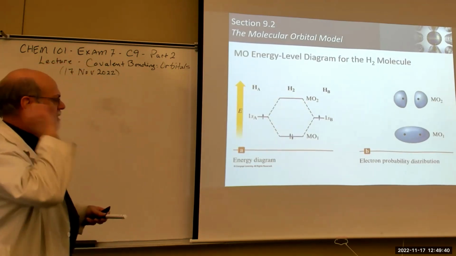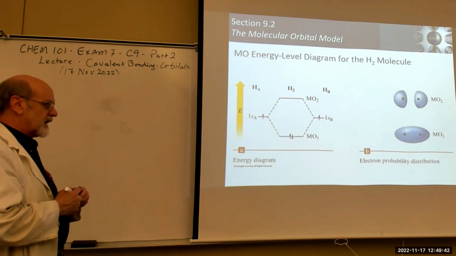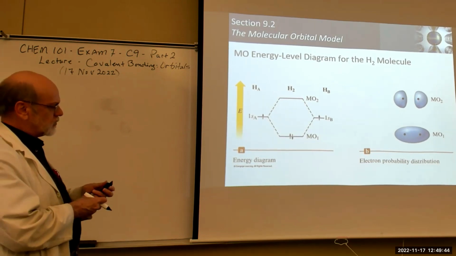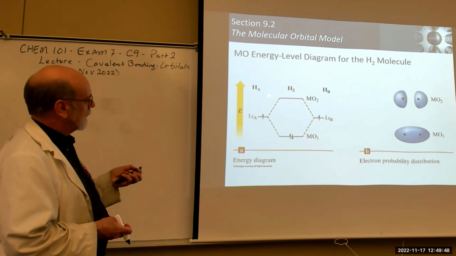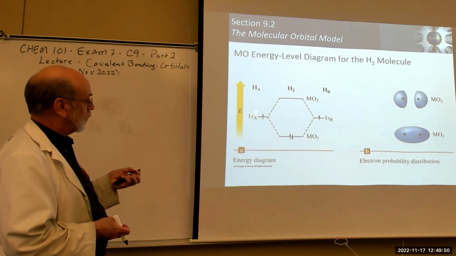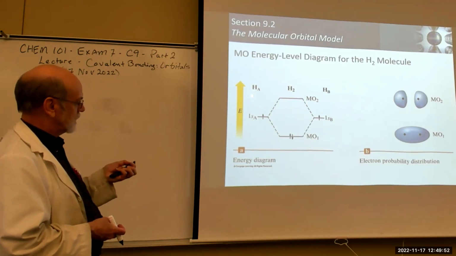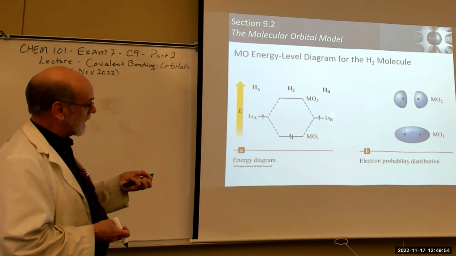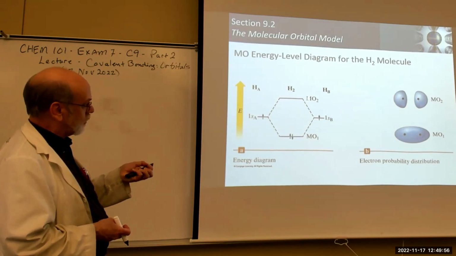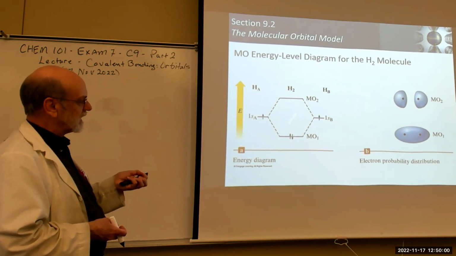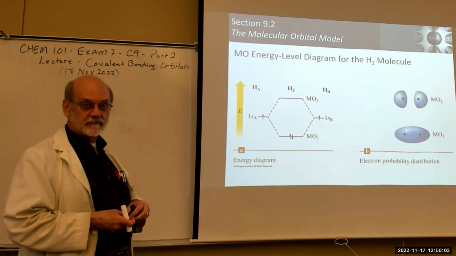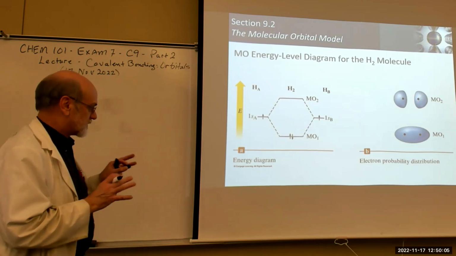Okay, now here's one way that we can combine two atomic orbitals. This is one atom of hydrogen on this side, one atom of hydrogen on this side, and this is the molecule that forms in between, and its molecular orbital structure. That's a simple way to draw it.